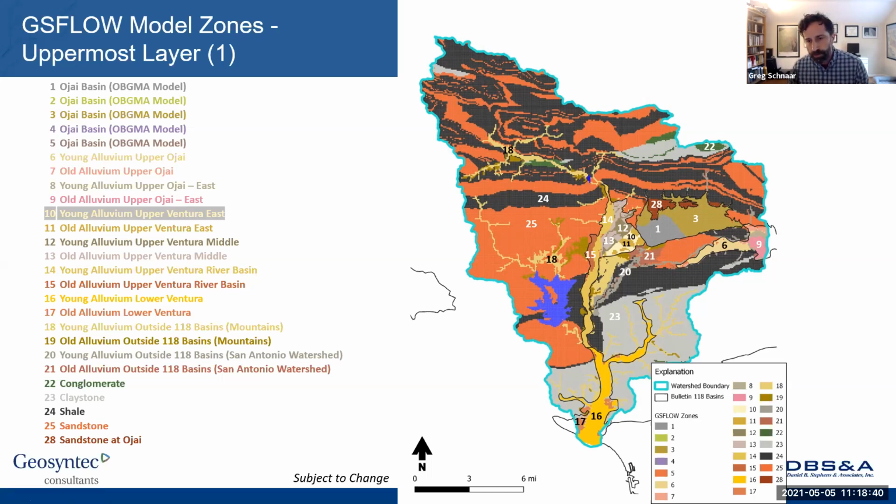Within the other Bulletin 118 basins, the zoning is largely based on the mapping of what we call young or old alluvium. And we've also established different zones within certain parts of some of these basins as we've moved forward with calibration. So you'll see, for example, the upper Ventura basin is broken out into several different zones.